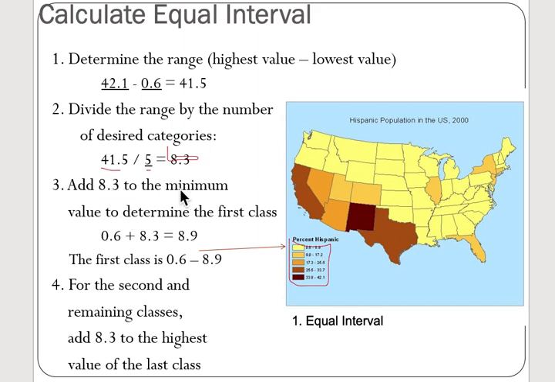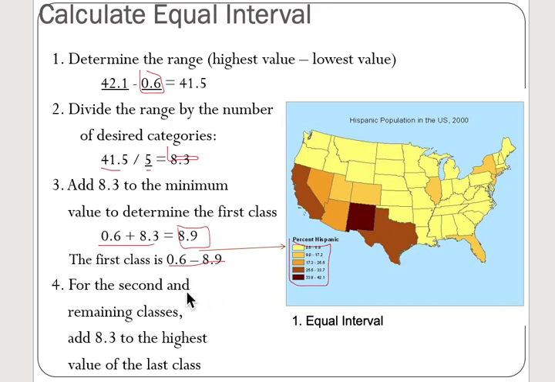You add 8.3 to the minimum value to determine the first class. Our minimum value is 0.6, so we add 8.3 to 0.6 and we get 8.9. So our first class is 0.6 to 8.9.